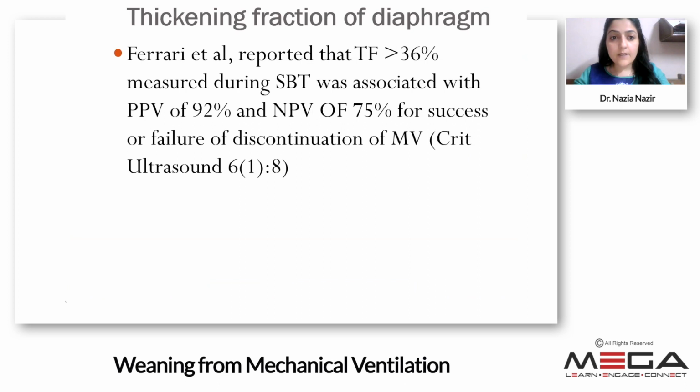Ferrari et al. have reported that a thickening fraction of more than 36% measured during a spontaneous breathing trial is associated with a positive predictive value of 92% and a negative predictive value of 75% for success of weaning.